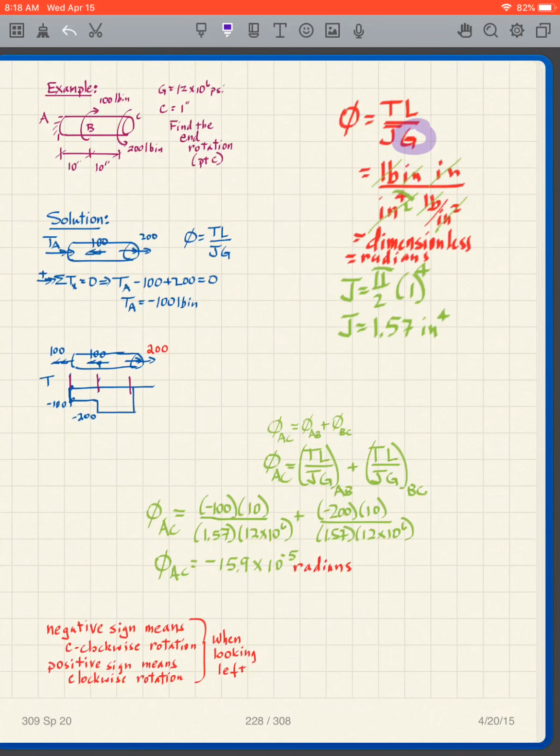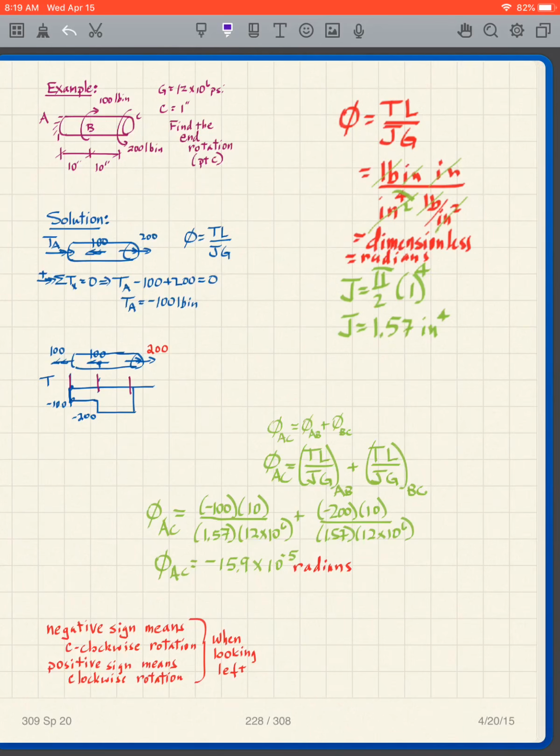G is our stress-strain slope. It has units of stress because strain has no units, so pounds per square inch. When we put in all the units, we get dimensionless. Phi is an angle, so that means phi is in radians.